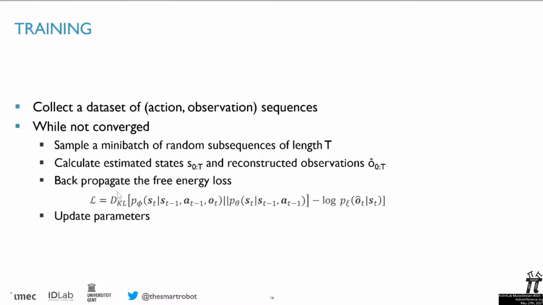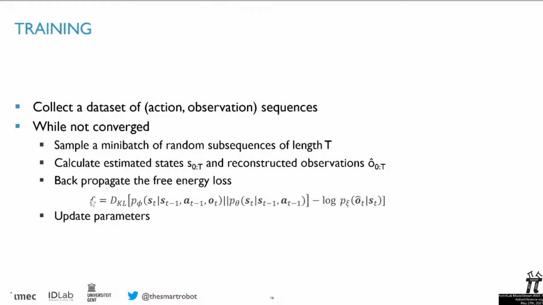So this is the same formula as the free energy in the start. On the one hand, you have the KL divergence between the output of your posterior neural net and your prior neural net. And on the other hand, you have this reconstruction error that basically scores how good you're reconstructing the actual observation.